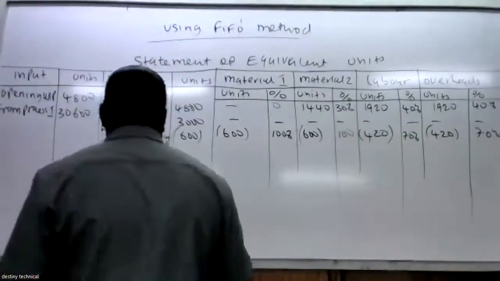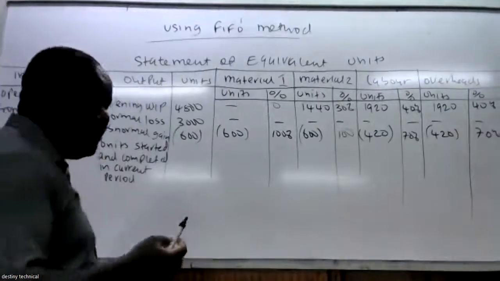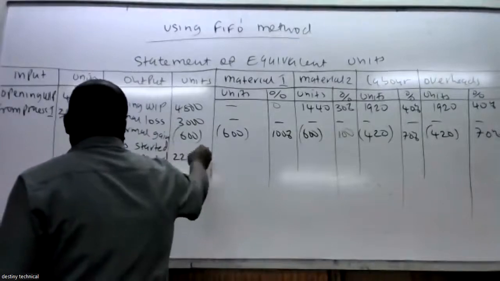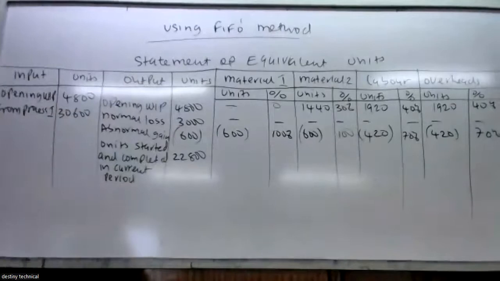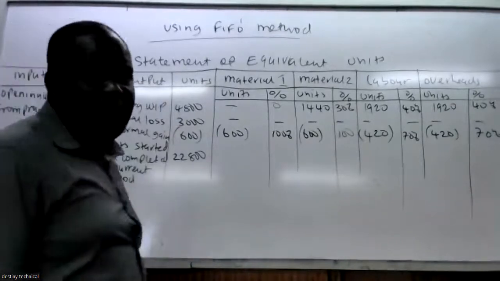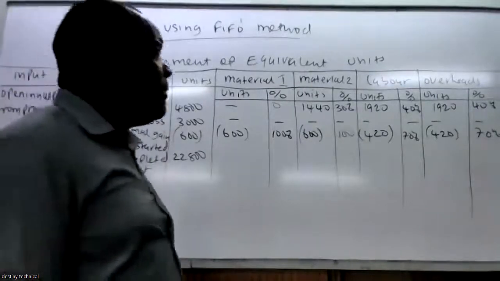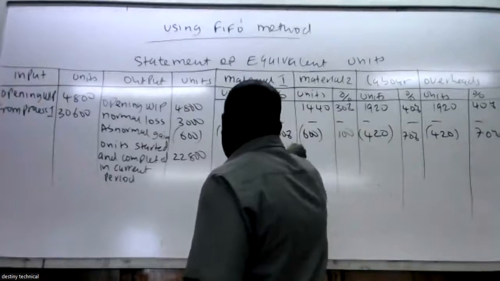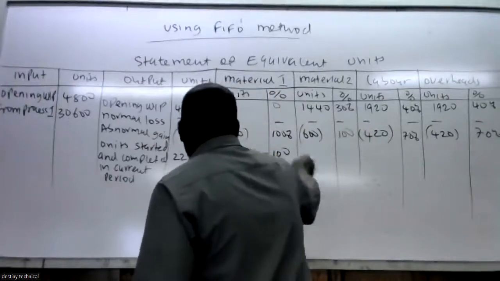You had given me 22,800. Because they were started and completed, we assume they are 100% complete at all stages. So this is 100%, giving you 22,800.